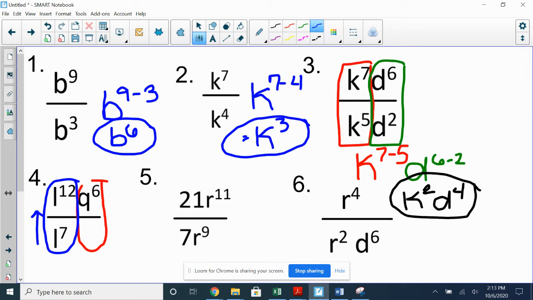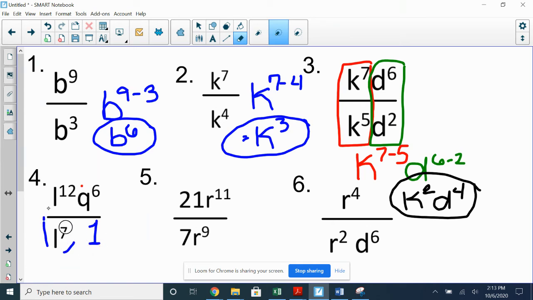So if I have 5 and I wanted to make it a fraction, I know that I can put it over 1. So if I have q to the 6 and I want to make it a fraction, it goes over 1.